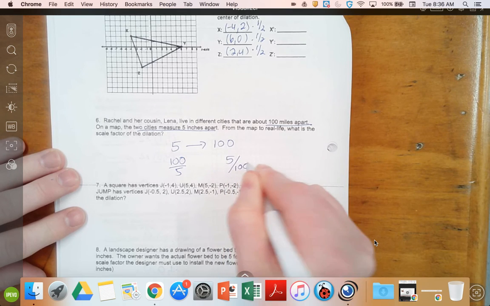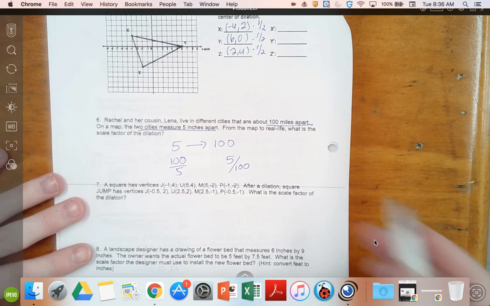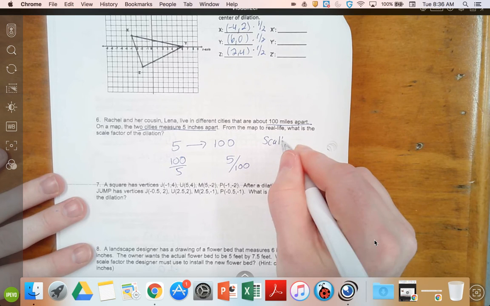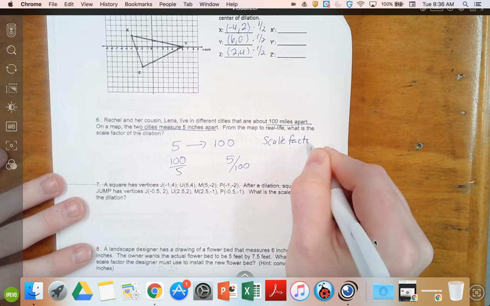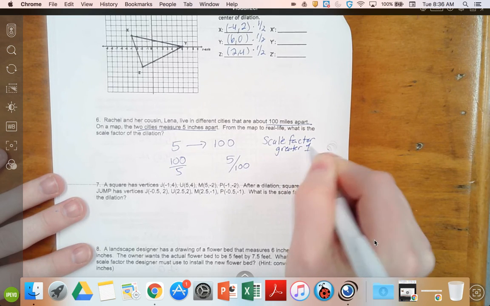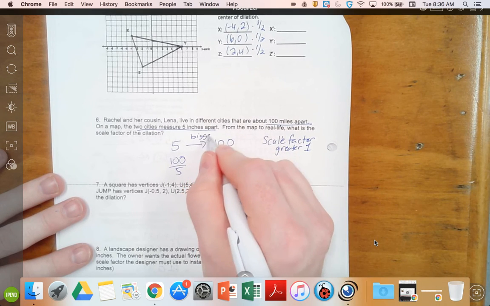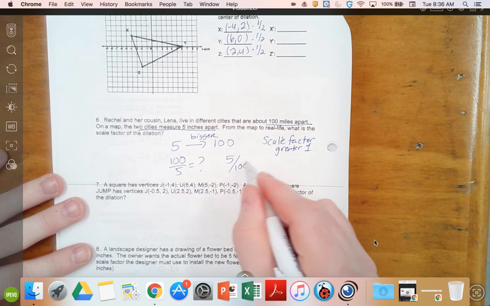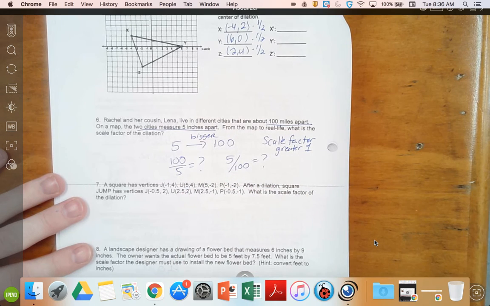My scale factor should be more than 1 because I'm getting bigger. So which one is it? When you do those divisions, which one gives me a scale factor bigger than 1?